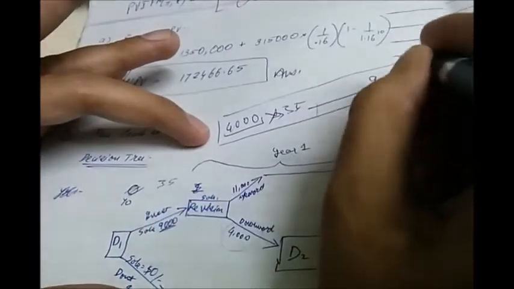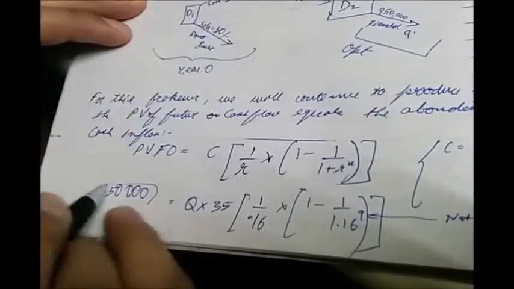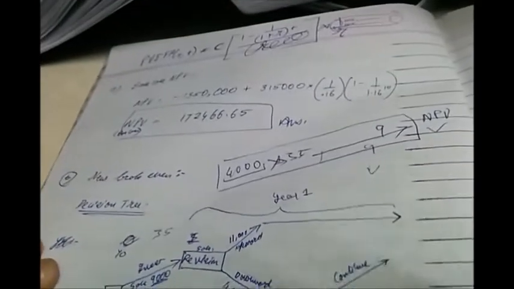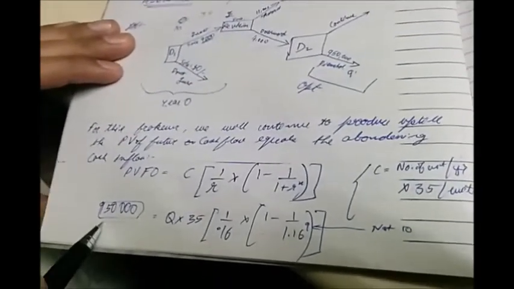But if this NPV is less than the amount that I might get by selling my project, then I won't be producing this for the next 9 years. I'll sell it because selling it will be more profitable.